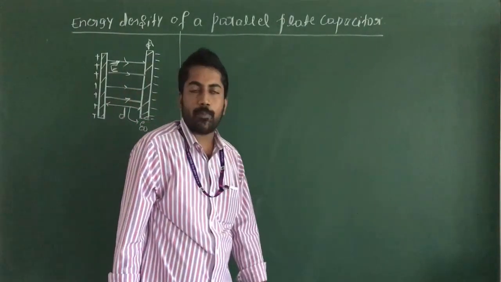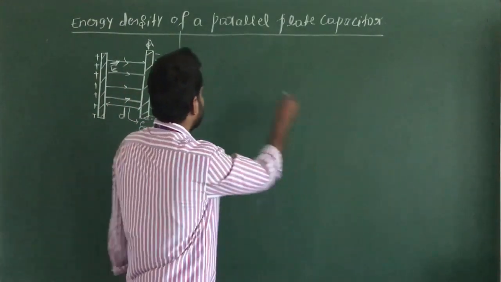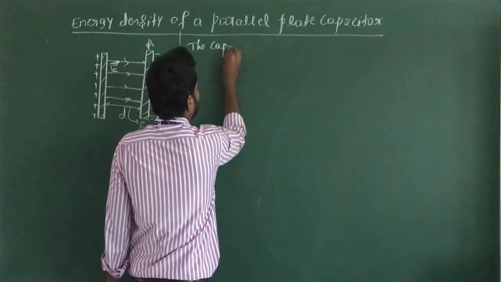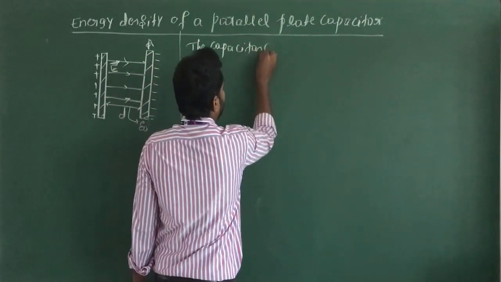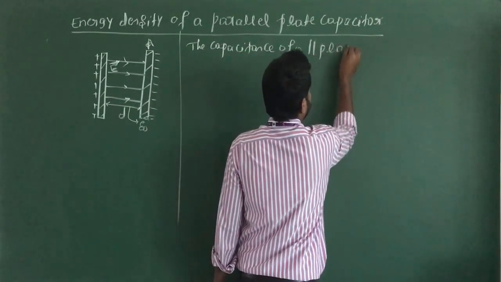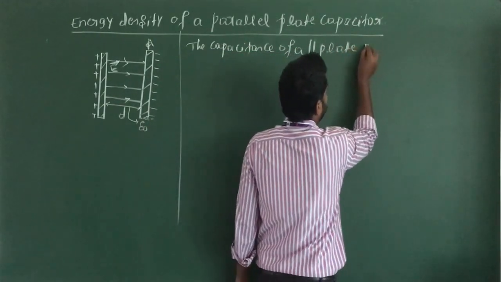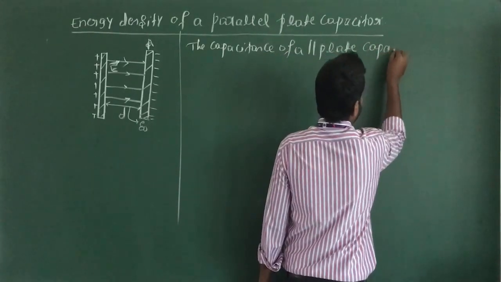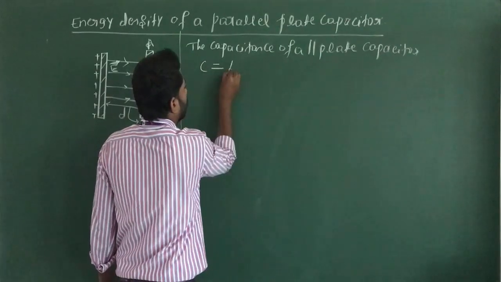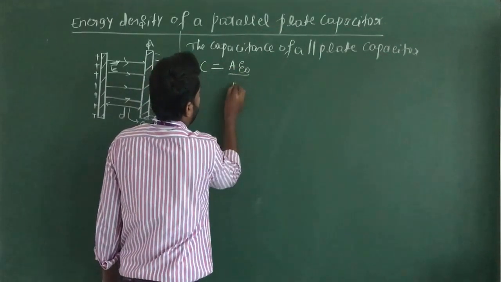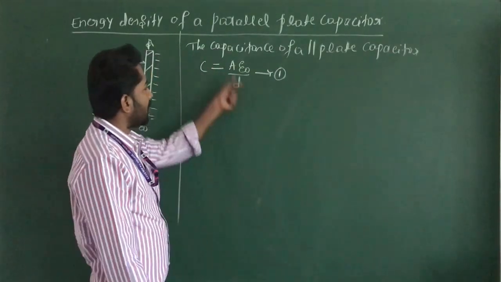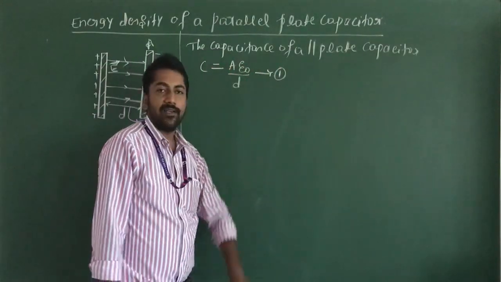The capacitance of a parallel plate capacitor, we know the equation, that is C is equal to A into epsilon naught divided by d, which is the expression for the capacitance of a parallel plate capacitor.